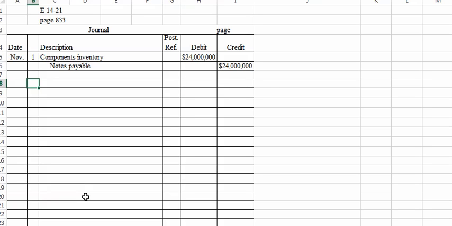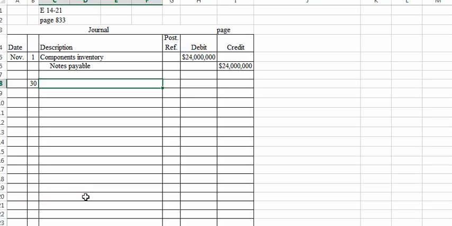They actually bought $24 million worth of component inventory. So they must have a fairly successful product they're using those components to produce. LCD makes me think of televisions. Anyway, okay, that takes care of the entry where they made the purchase.